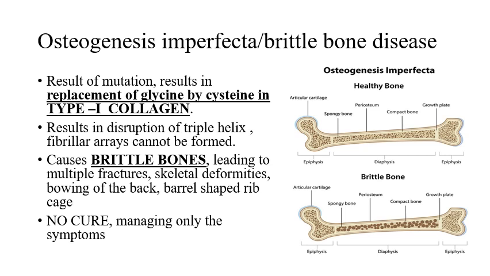All this will lead to brittle bones or fragility of the bones, which causes multiple fractures, skeletal deformities, bowing of the back, and also barrel-shaped rib. Because of so much fragility of the bones, infants born with this disease will have multiple fractures and usually do not survive after birth.